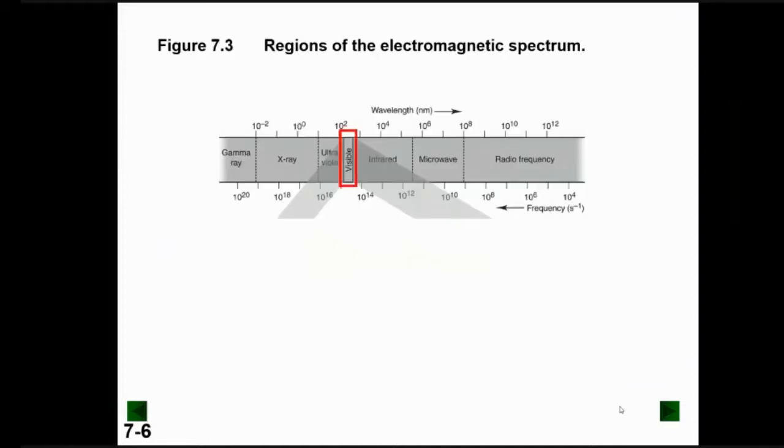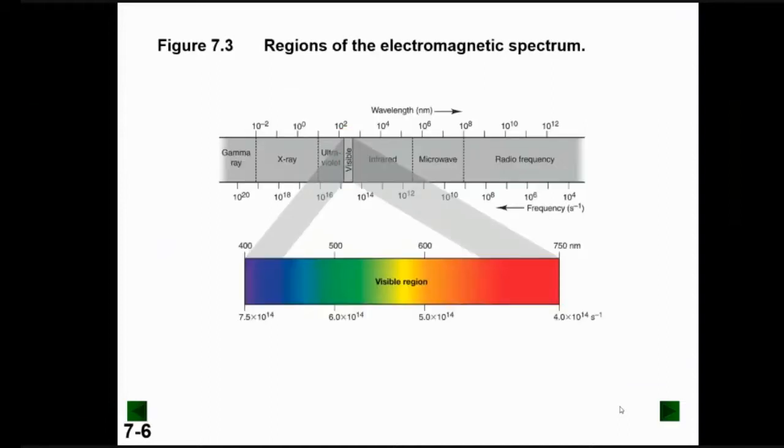Okay, and this is just a general map of the EM spectrum. We can see gamma radiation has high frequency. We know there are high energy waves. X-rays are high energy waves, so they have a high frequency. On the other hand, radio waves and microwaves tend to have a lower frequency. And actually, this is a little bit too large for what it shows here for the visible light.